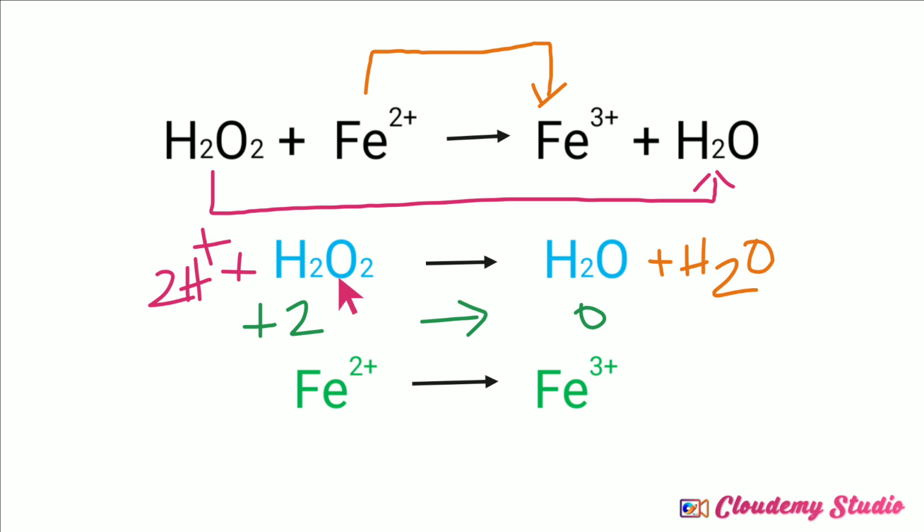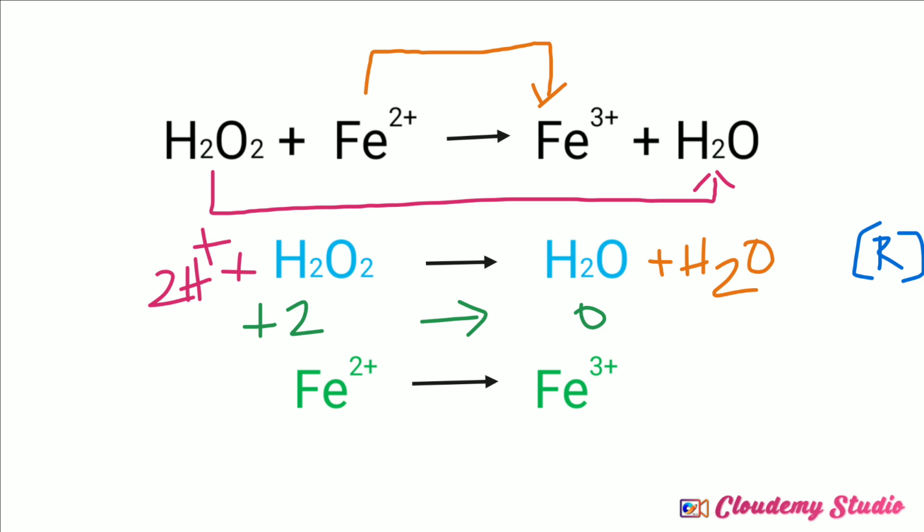Loss of oxygen is reduction. So this half reaction is a reduction reaction. In the reduction reaction, what happens to the electrons? There is a gain of electrons in reduction.